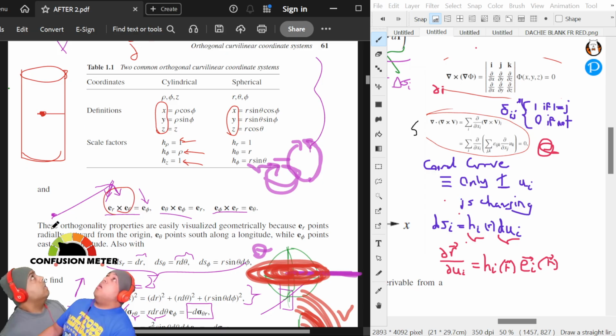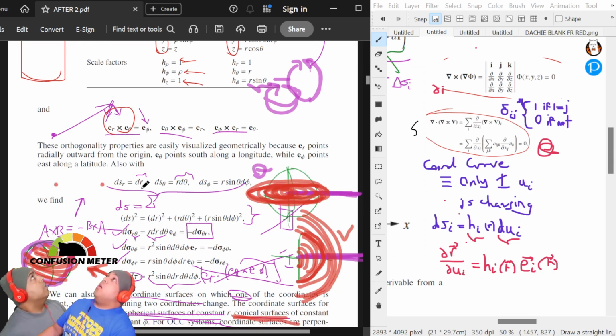These orthogonality properties are also easily visualized, because e_r points radially. Also, with ds_r equal to dr, what's ds? ds is just the length.